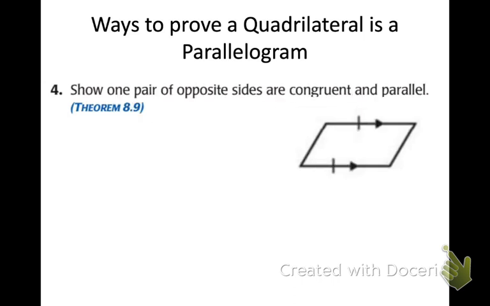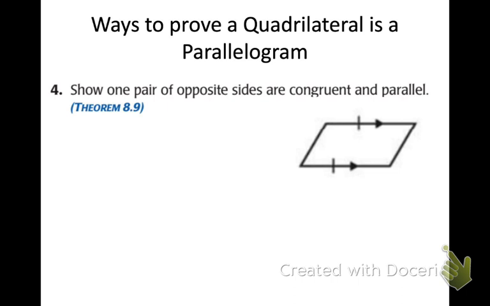So there's a new one we're going to add in here, which kind of puts together line 1 and line 2. So if I focus just on one set of opposite sides, so if I can show that one pair of opposite sides are congruent and parallel, then I can say it's a parallelogram.